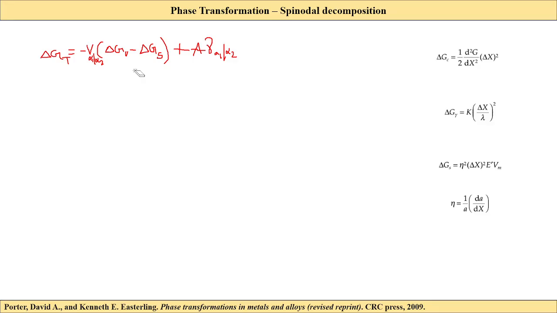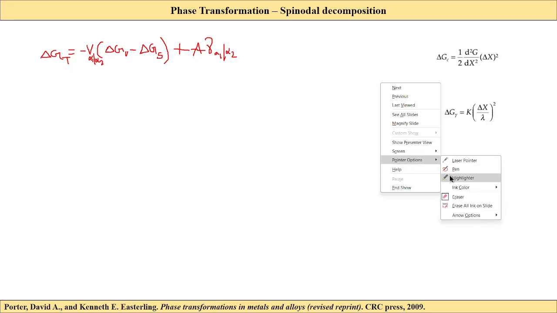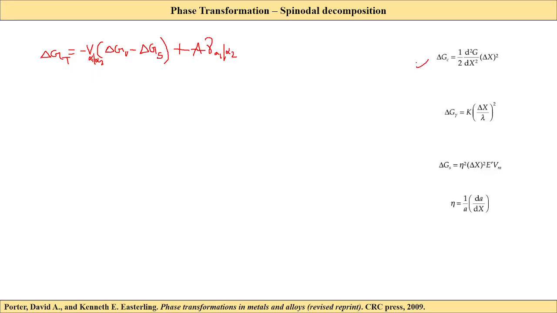Now, if we want to know the terms, this term is my volumetric free energy. Right, and it depends upon the double derivative of our free energy with respect to the composition and times the composition difference.